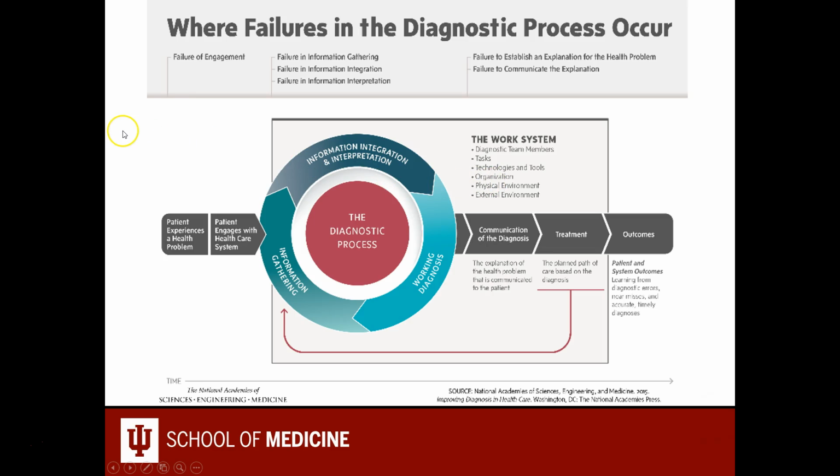Unfortunately, we know that diagnostic errors occur. The ones that we will focus on in iHuman are here: failure in information gathering, failure in information integration, and failure in information interpretation, which all can lead to misdiagnosis, delayed diagnosis, and overall poor outcomes.